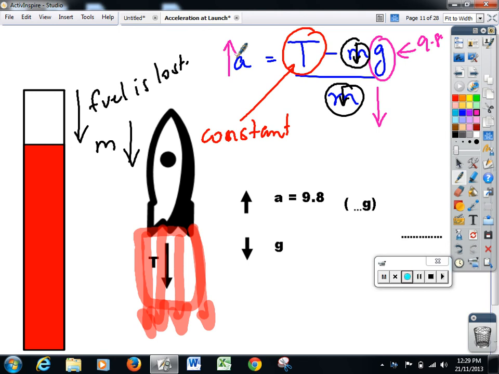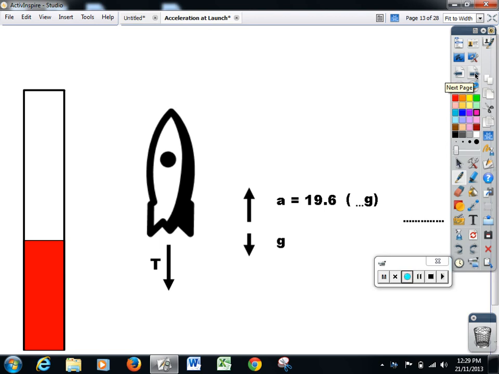In other words, the acceleration will increase. So as this mass down here decreases further and further, this acceleration is going to increase. This is the maximum acceleration allowed on the rocket. So we now have the acceleration of the rocket at 19.6, which is 2g. So the acceleration is 2g up.